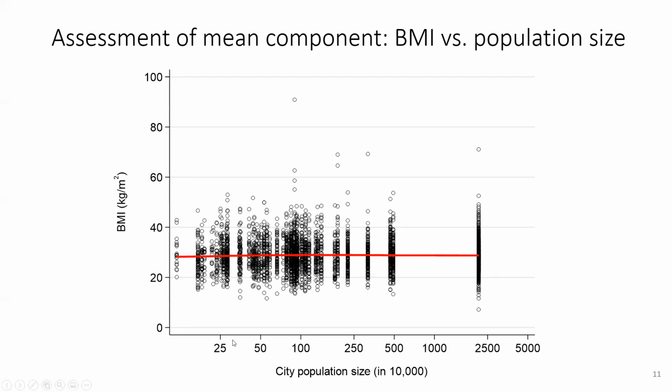I use a log scale. This is 100 and this is 50 and 25, so it's not actually. Here, the distance between 10 and 100, and 100,000, they are equal. So it's kind of a log transformed way of looking at the data.